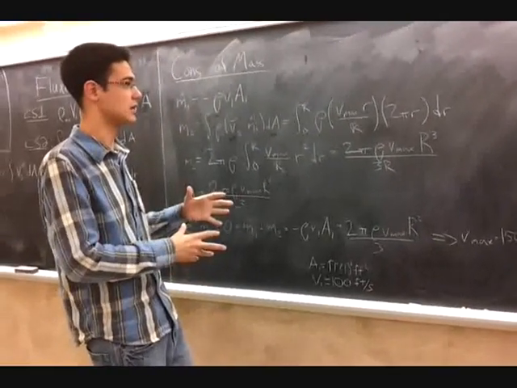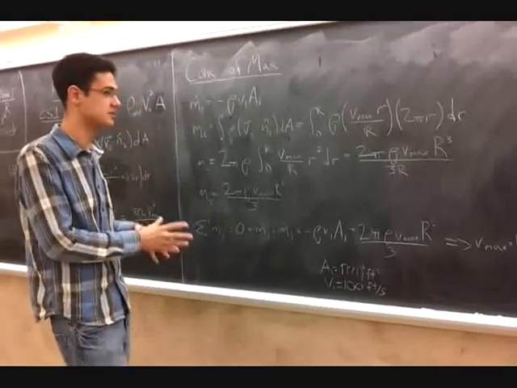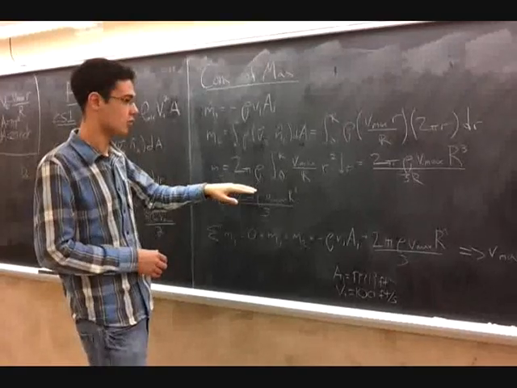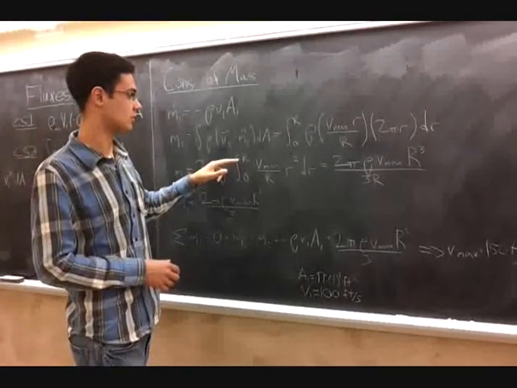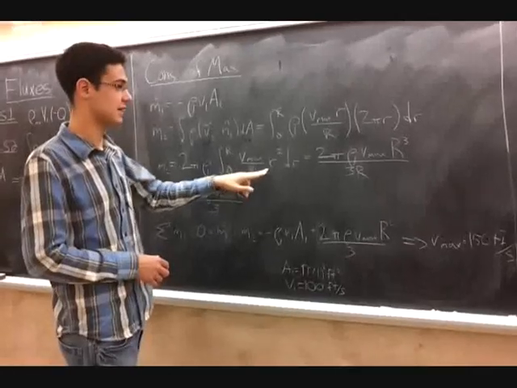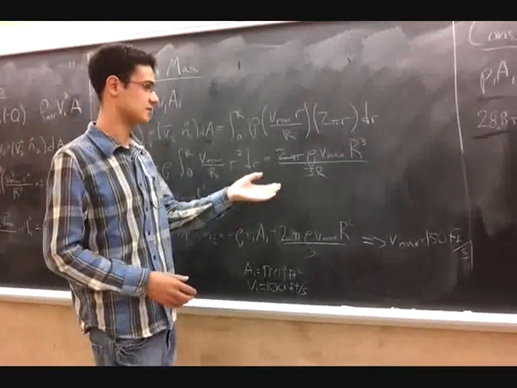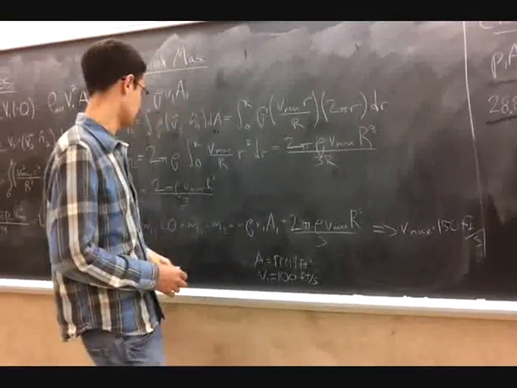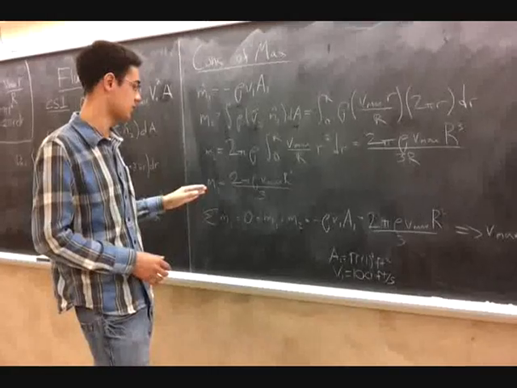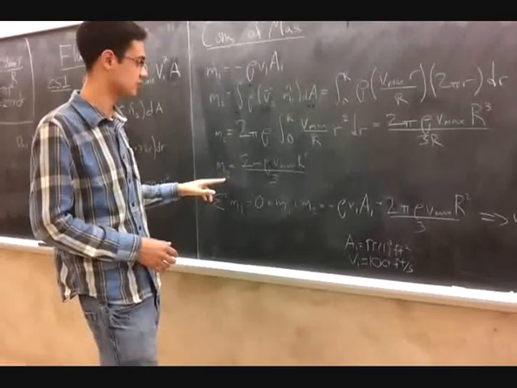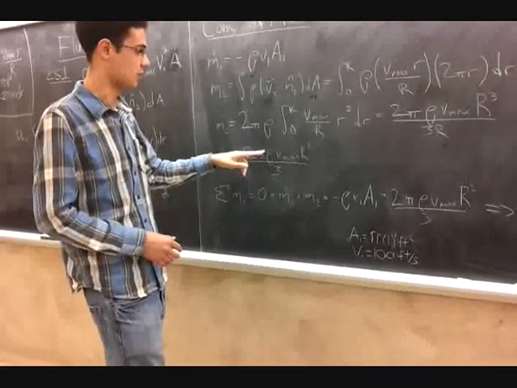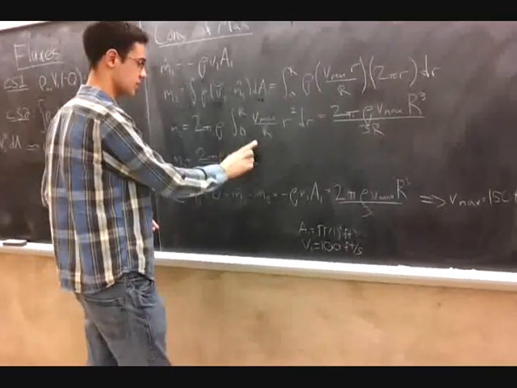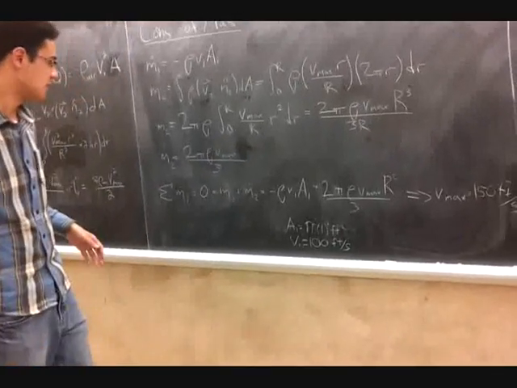We're able to integrate that equation to solve for the rate of change of mass at control surface 2, and that gives us 2 pi rho times the integral from 0 to R of Vmax over big R times r squared dr. R is 1, so the rate of change in mass at control surface 2 is 2 pi rho times Vmax times r cubed over 3, and R is really just 1, so we can take that away.